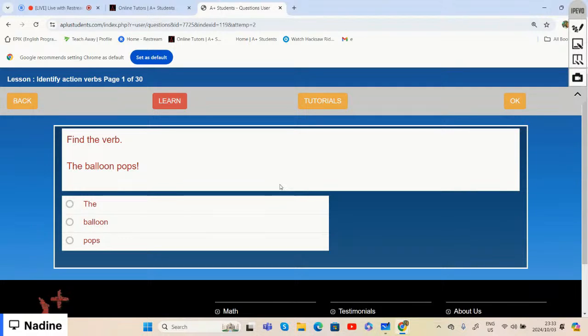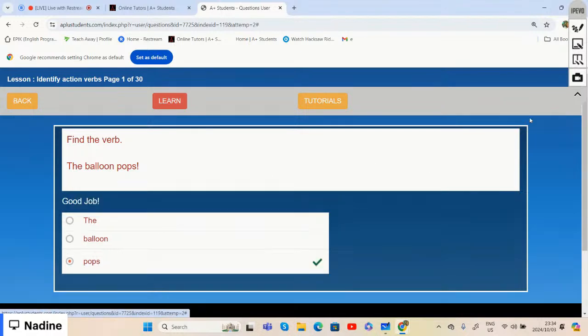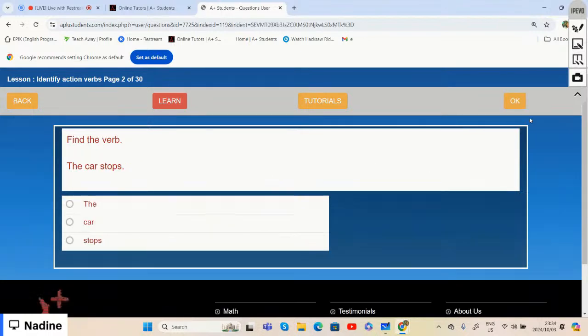All right. So if we were to select the correct option, then yes, we will say pops is correct. So well done. Pops is correct. The next one says the car stops.